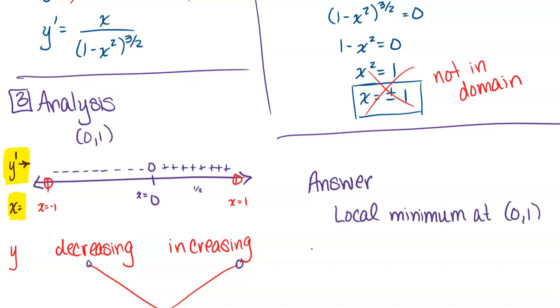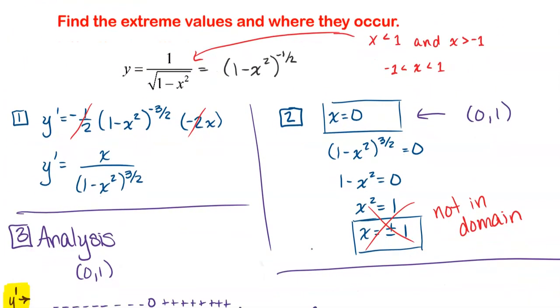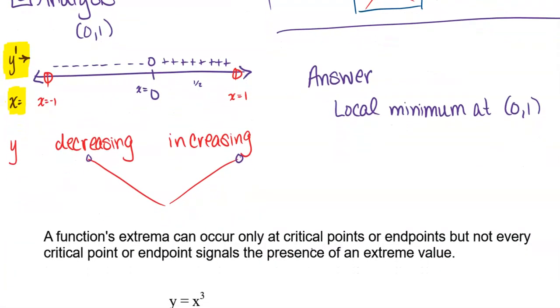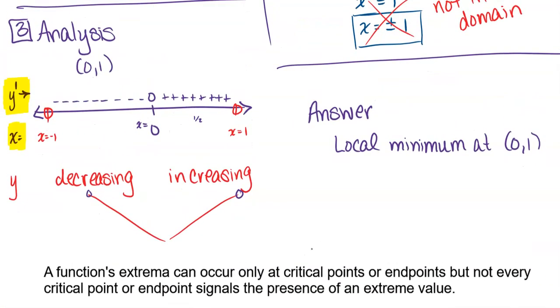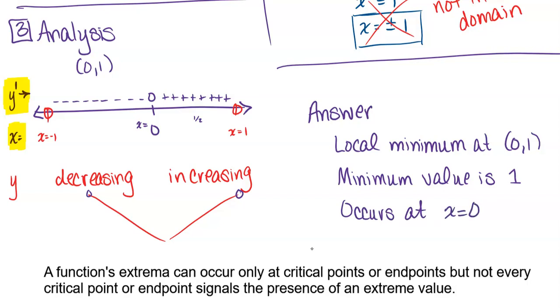Now let's go back up and look at how this question was phrased. It says, find the extreme values and where they occur. That kind of sounds like two different questions, so we're going to answer it that way. So the minimum value is 1, and it occurs at x equals 0, and there is no maximum value.